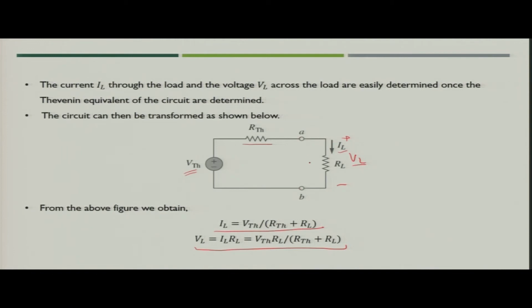Now, if you have multiple cases or multiple loads through which you want to find the current and the voltages across those loads, you need not change anything in this circuit, that is RTH and VTH. You have to just keep on changing the loads across terminals A and B. Based on the resistance of the load, your load current will keep on changing.